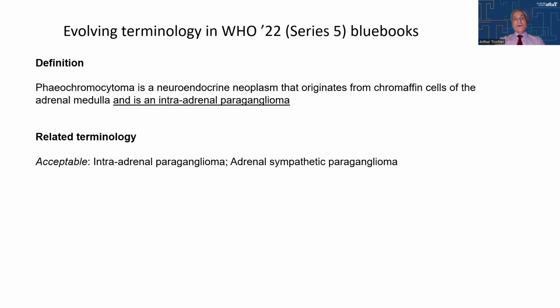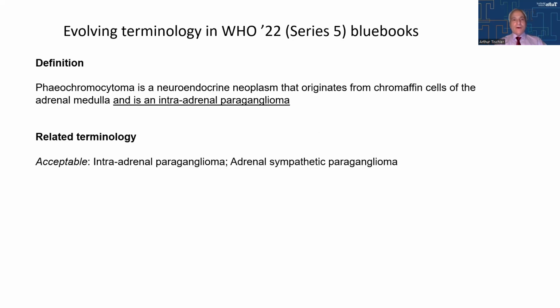So the terminology, or at least the concepts that accompany that terminology, have evolved in the 2022 Series 5 Blue Books. The definition now is that a pheochromocytoma is a neuroendocrine neoplasm that originates from chromaffin cells of the adrenal medulla and is an intraadrenal paraganglioma.